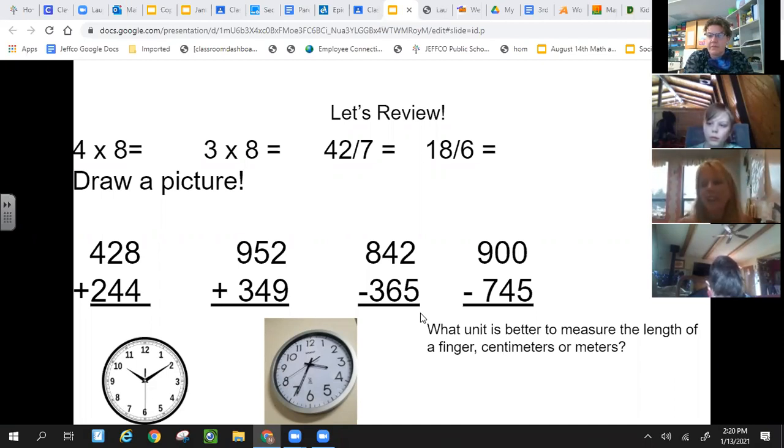What's the first factor? The second factor is 8. What's the first factor? The problem's 4 times 8. There's only 2 factors. What are the factors, Jensen? What 2 numbers are we multiplying?